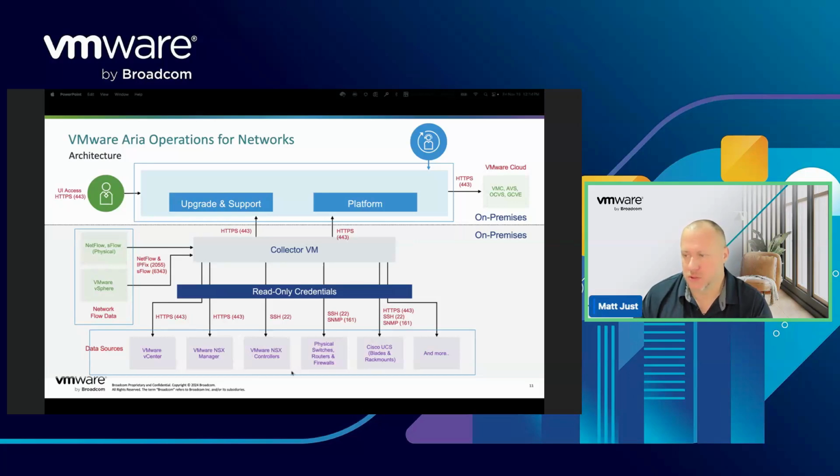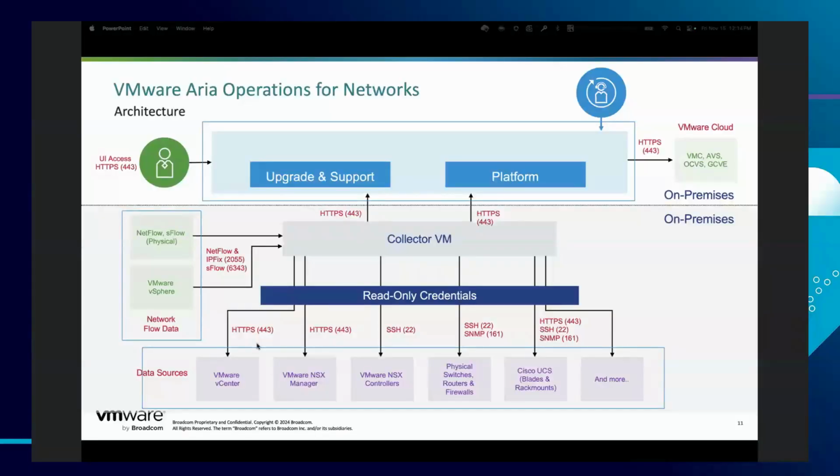From a data source perspective, that could be a vCenter, an NSX manager, physical routers, switches, load balancers, and so on. It could be the compute infrastructure that VCF is deployed on, such as Cisco UCS as an example, looking at the UCS manager and the performance of all of the blades and the fabric interconnects.